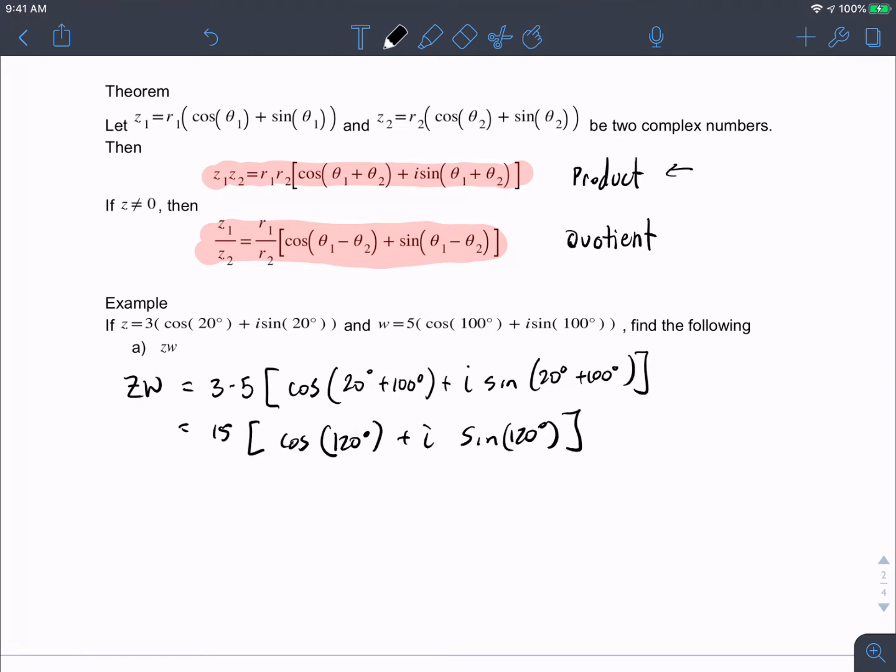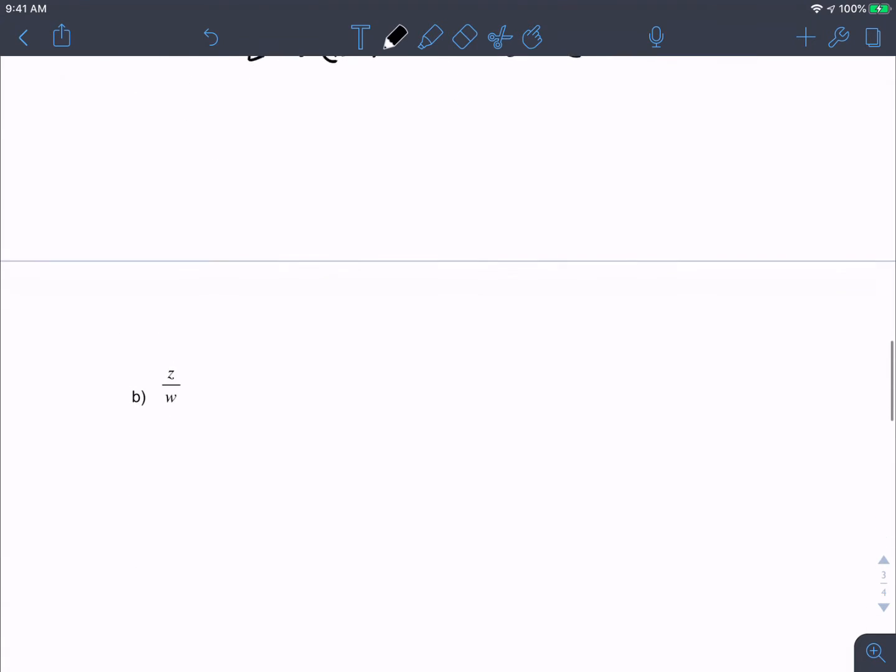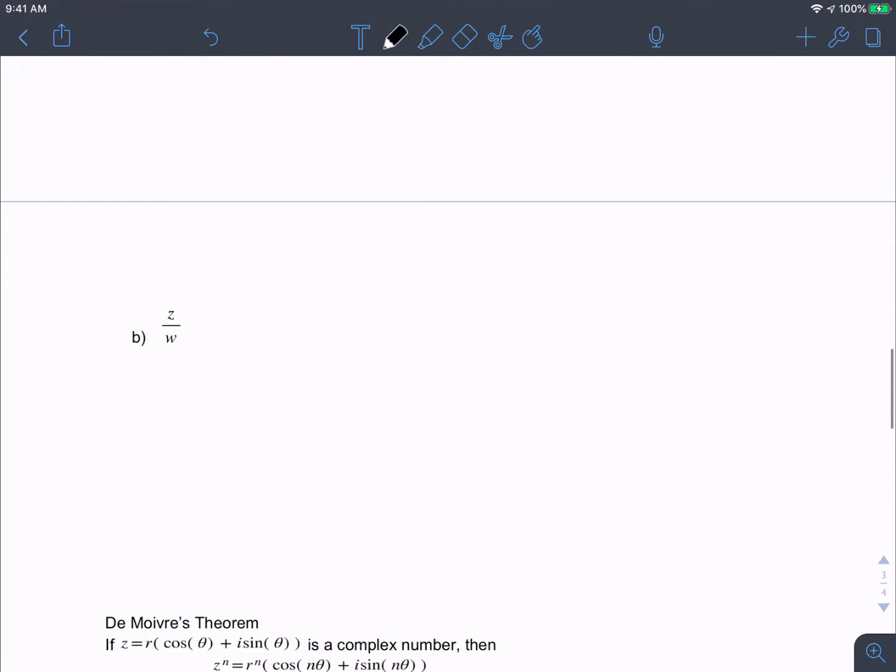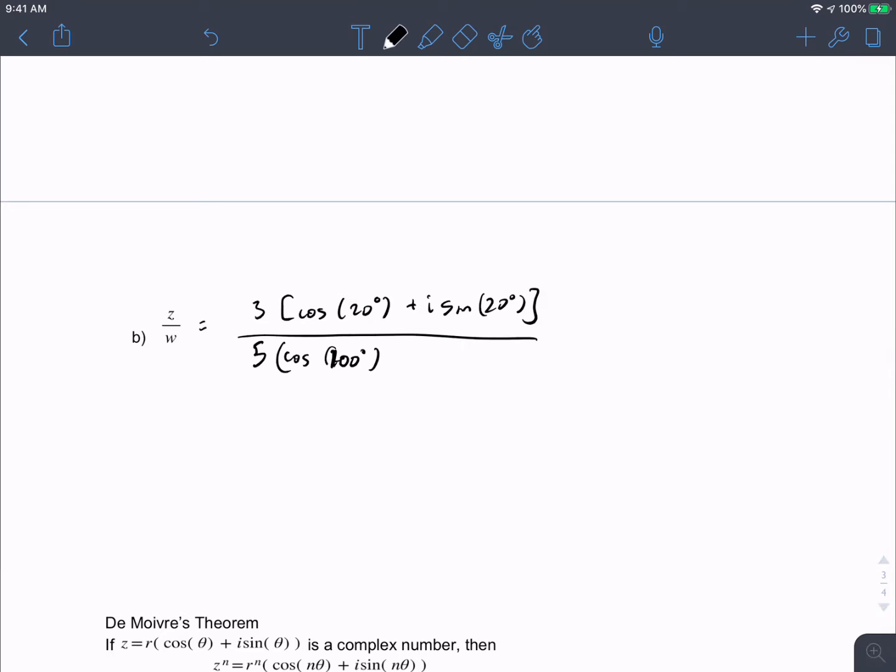Now let's try one where it is a quotient. In a quotient, what it ends up being is the two formulas divided by each other, but we fortunately have some rules that can clean it up and make it easier for us.